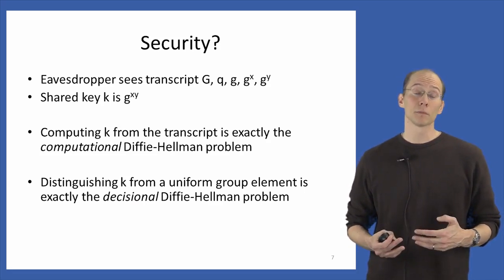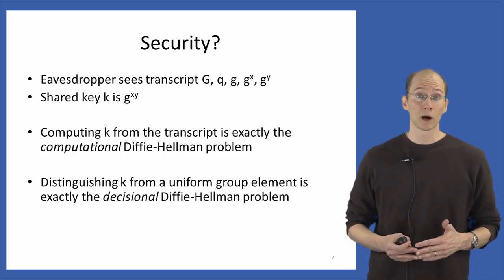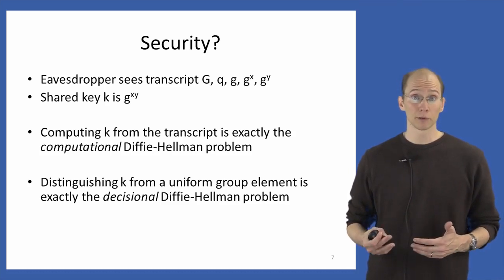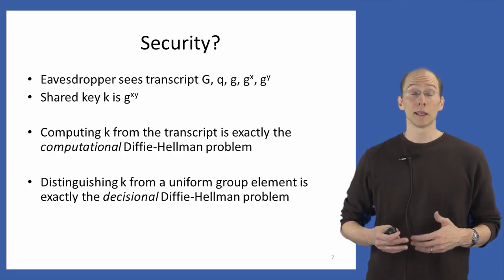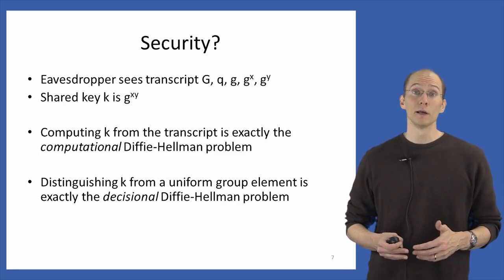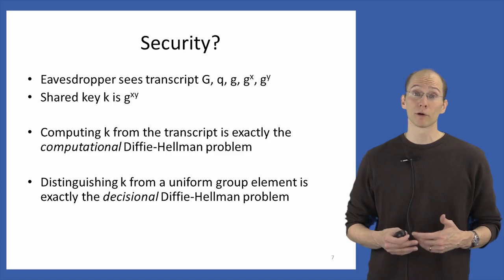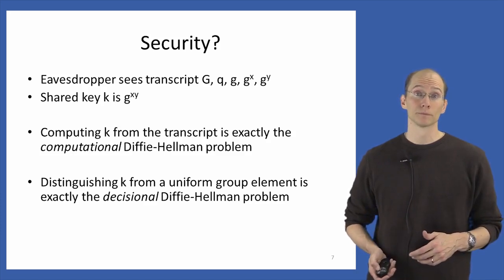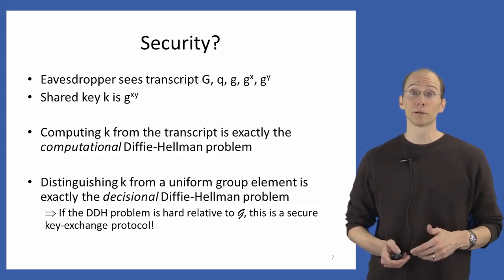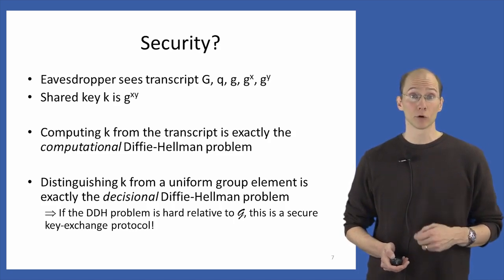That is, the DDH problem tells us that distinguishing this shared key k, i.e. g to the xy, from a completely uniform and independent group element, given the transcript, which includes g to the x and g to the y, is hard if the decisional Diffie-Hellman problem is hard. And what this means simply is that if the DDH problem is hard relative to the particular group generation algorithm being used, then the Diffie-Hellman key exchange protocol is secure.